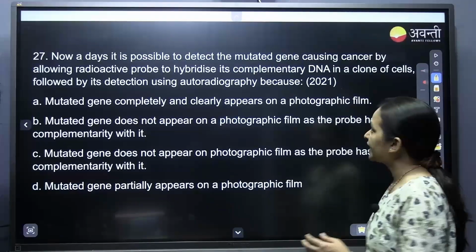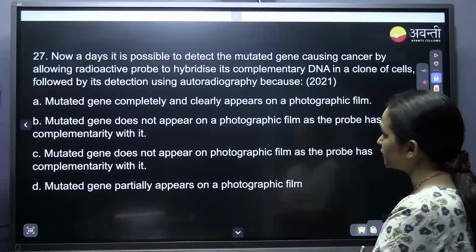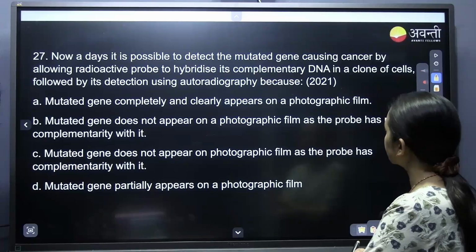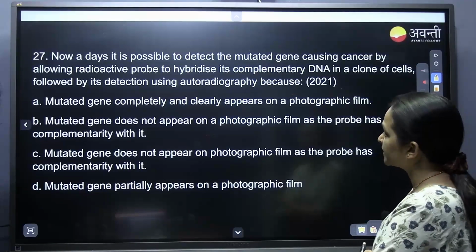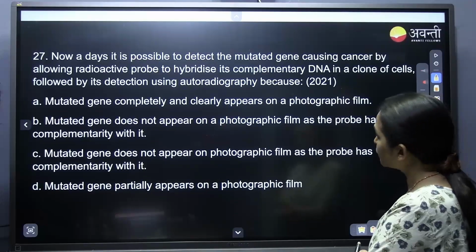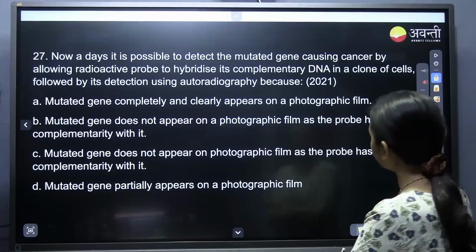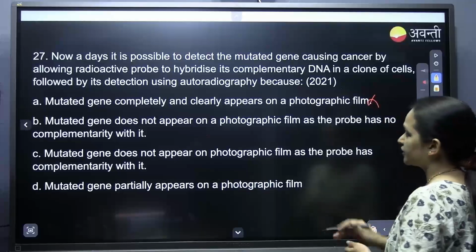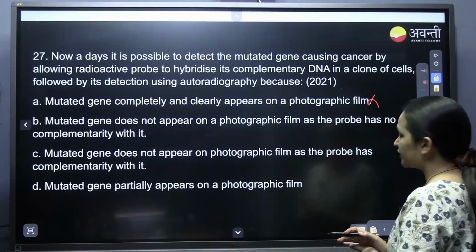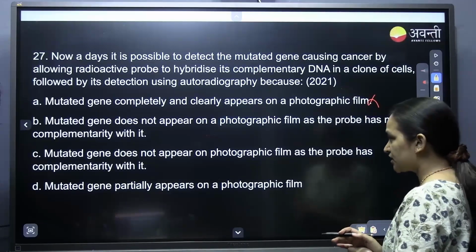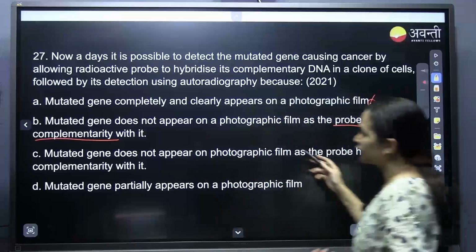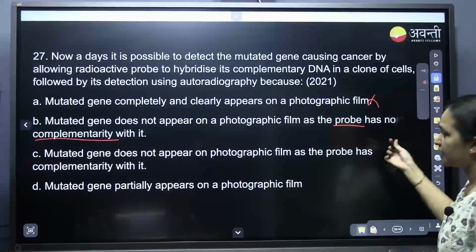Nowadays, it is possible to detect the mutated gene causing cancer by allowing a radioactive probe to hybridize to its complementary DNA in a clone of cells, followed by its detection using autoradiography. Does the mutated gene completely and clearly appear on the photographic film? No, the mutated gene does not appear on the photographic film, as the probe has no complementarity with it.